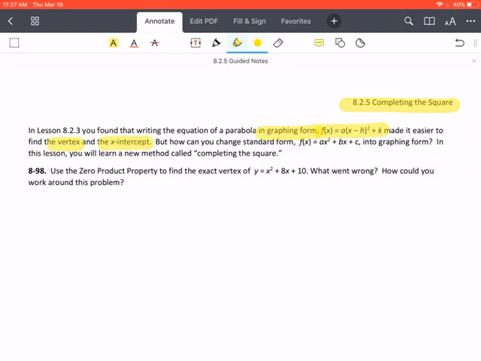As a reminder, we were able to look at this form and know exactly what the vertex was. But the question that we didn't address last chapter was, how can we change standard form, ax squared plus bx plus c, into graphing form? In this lesson, we are going to learn a new method called completing the square, and that is how we are going to do so. So if you'd like to title your notes with completing the square, that would be your best option as to how to know the main focus of the day.